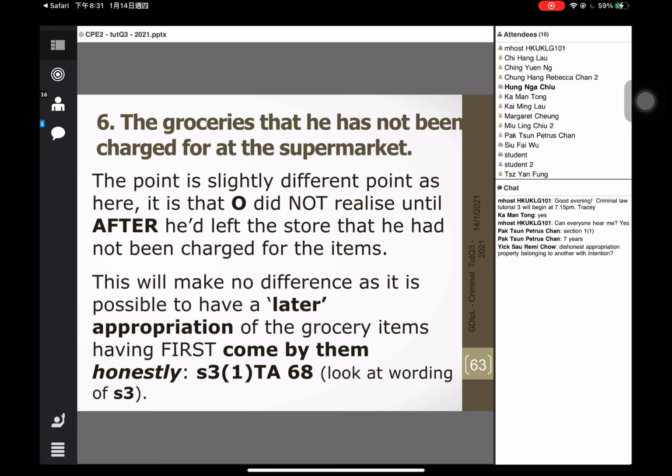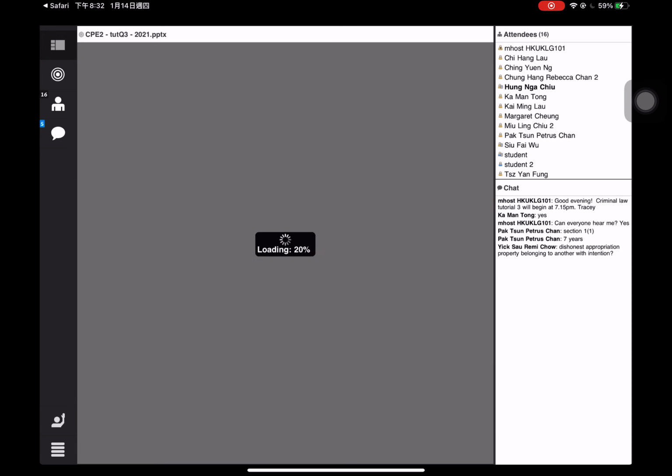So we have to look into the possibility of there being a later appropriation of the grocery items. So this is applying Section 3, where, is there a so-called later appropriation of the grocery items when the defendant has come by those items honestly without stealing them in the first place?